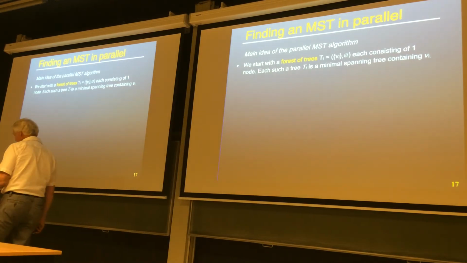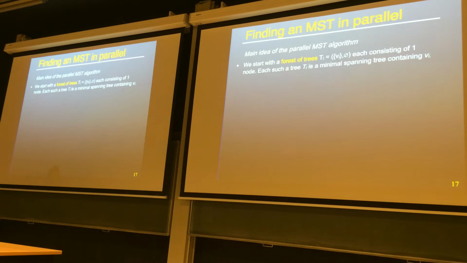It's quite easy that if you take such a node, then the node itself, without any edge, forms a minimum spanning tree of that structure. So we have for this collection already our minimum spanning trees.